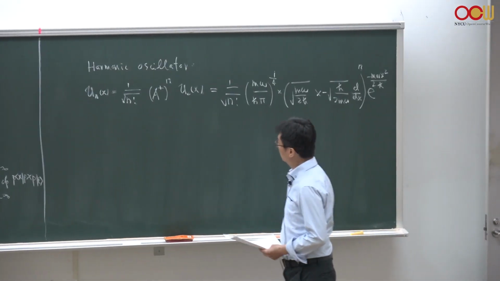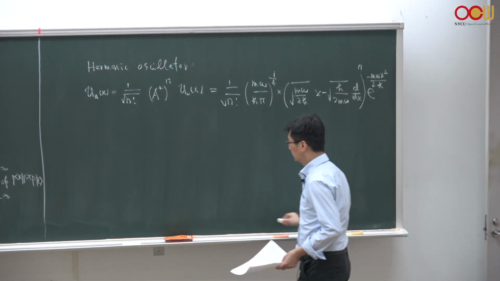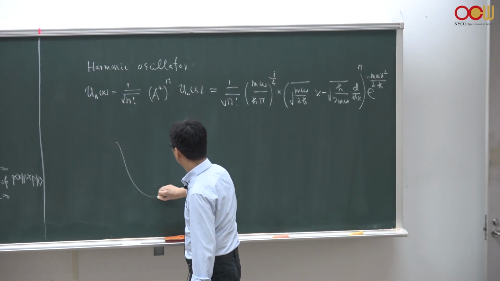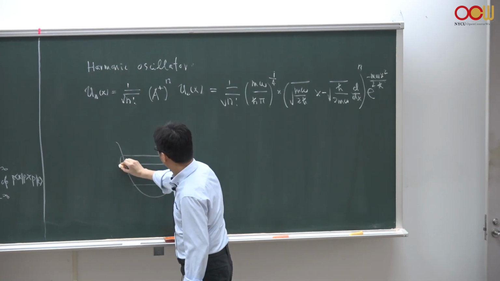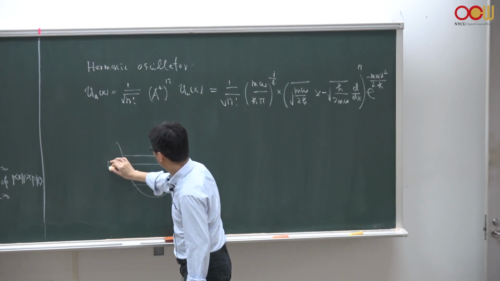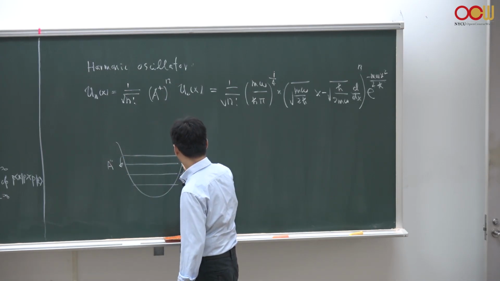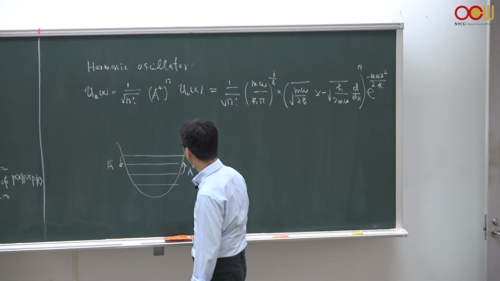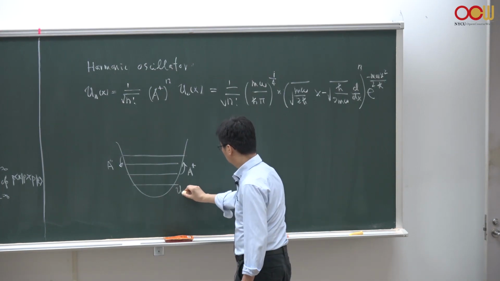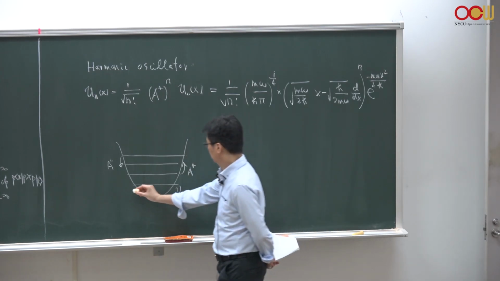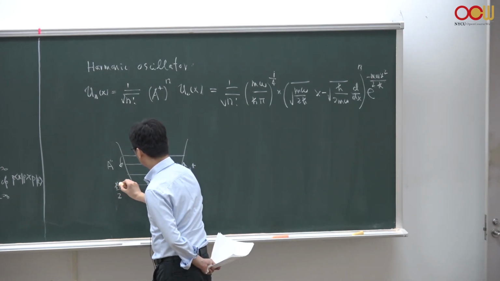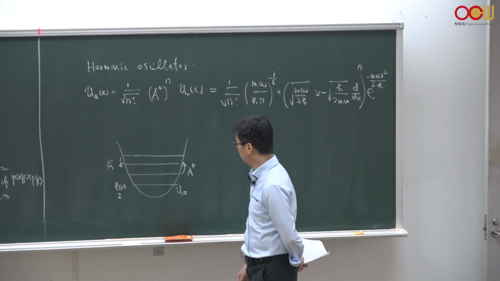As a final remark, we already derived all these eigenstates, eigenenergies, and also the lowering operator and the raising operator a dagger, and we know the eigenfunction at the ground state u0 and the eigenenergy at the ground state, which is 1/2 h bar omega.